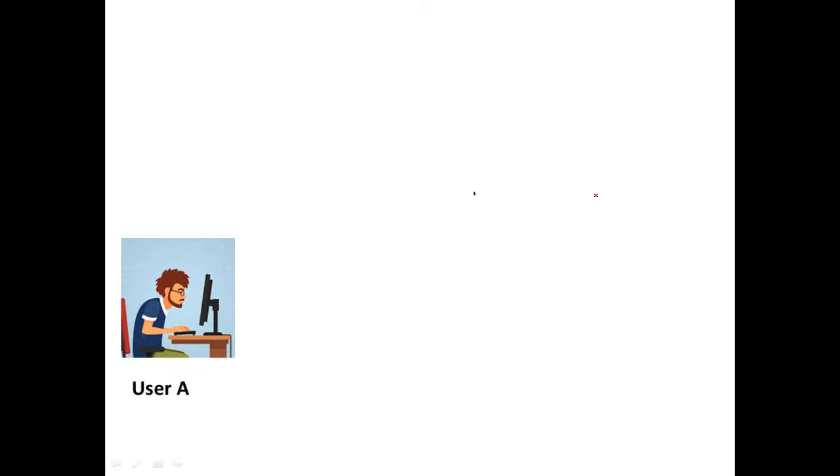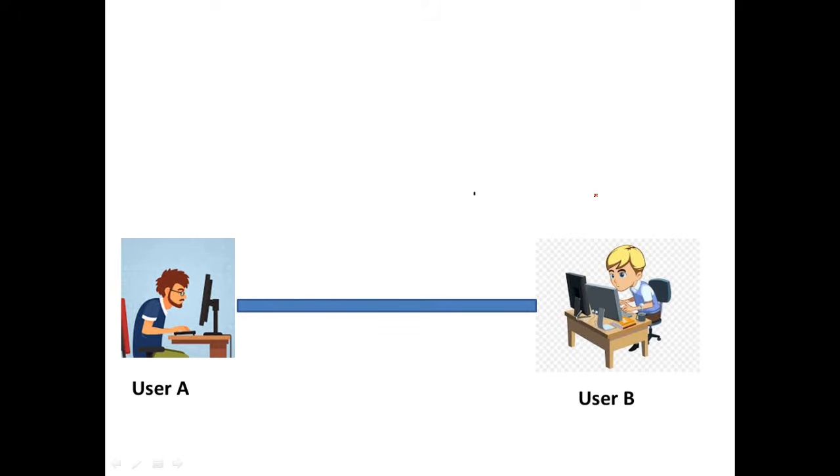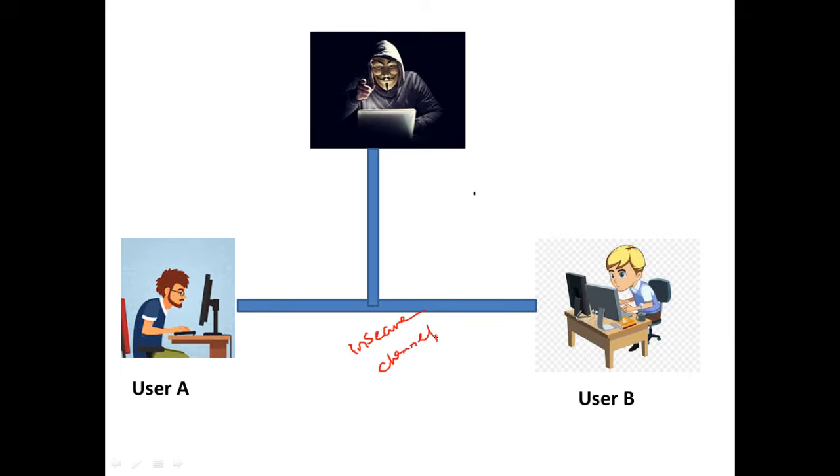Let's understand the problem using a visualization now. We have user A and user B. They are communicating using an insecure channel. What do we mean by an insecure channel of communication? Third parties can be listening to your communication.